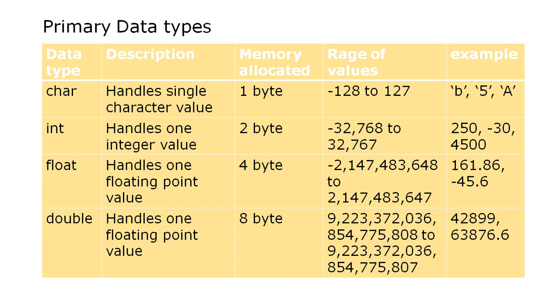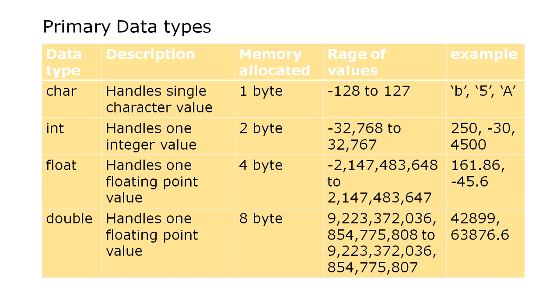The range of values is minus 32,768 to 32,767. Examples: 250, minus 30, 4500. The number should be in between minus 32,768 and 32,767.